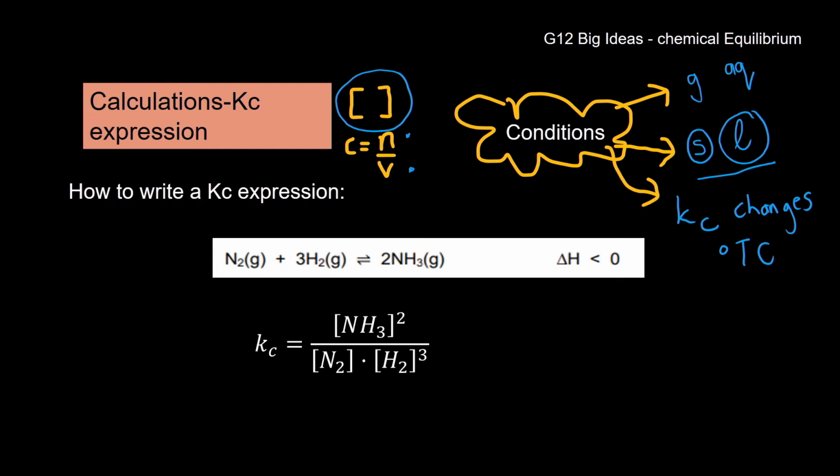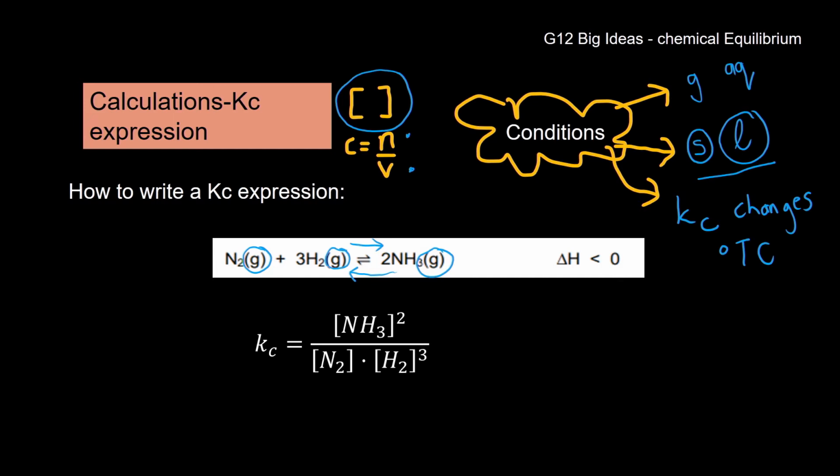You can see that nitrogen gas is used, so is hydrogen gas, as the reactant. It produces ammonia gas. It is a reversible reaction, so ammonia gas then breaks down to form the hydrogen and the nitrogen gas. We can use all three of those substances because they are all in gas form.